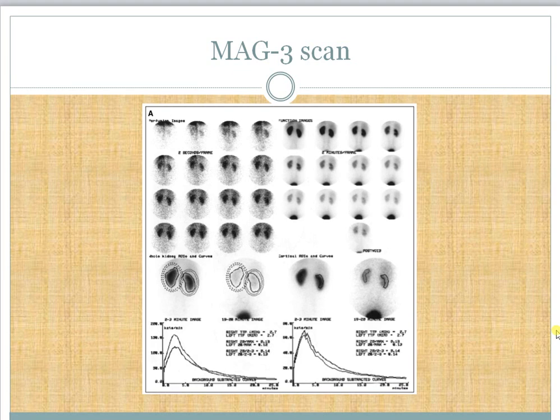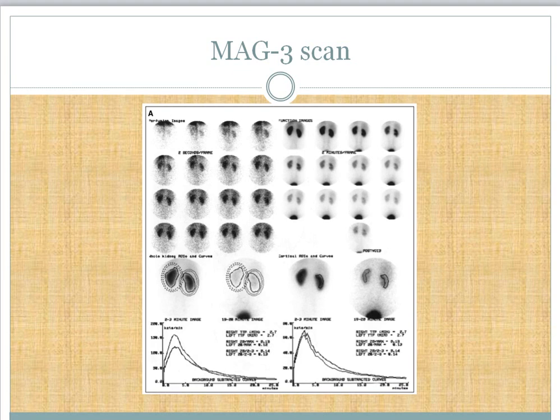That agent is picked up by the proximal tubules, and the particular agent used in the MAG3 scan is absorbed around 60 to 70% in the first pass. So it's taken up by the proximal tubule. That is the functional part, and later on it will be excreted into the tubules, comes out into the collecting ducts, and then into the renal pelvis and the ureter.